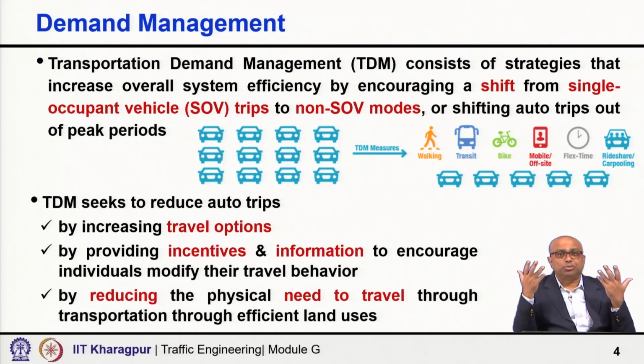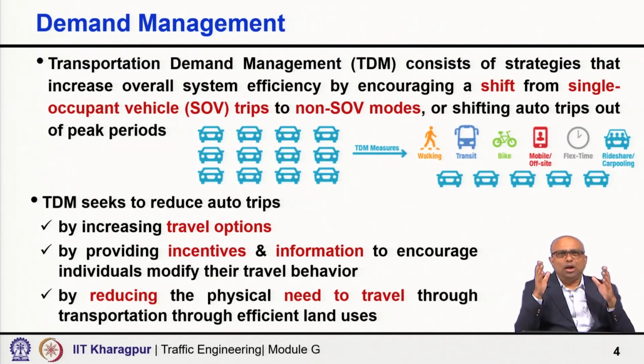That is the core objective of traffic management: using the available resources, how best we can perform. So, one way is to reduce the overall traffic volume and thereby increase the overall efficiency. As you know, if we can bring the volume to capacity ratio down, there will be an overall gain in performance.